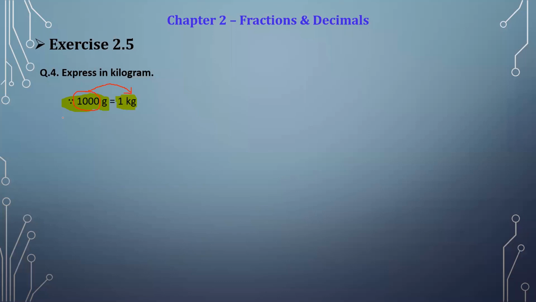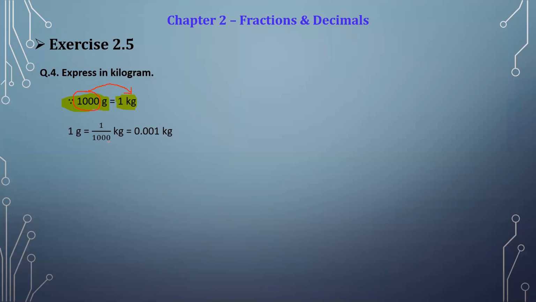And we know that while transposing a number from one side to another side, its operation is reversed. So here we are going to shift this 1000 from LHS to RHS, and on the LHS it is at the numerator, that means it is multiplication. So the reverse of multiplication is going to be division. Therefore on the other side it is going to be in the denominator.